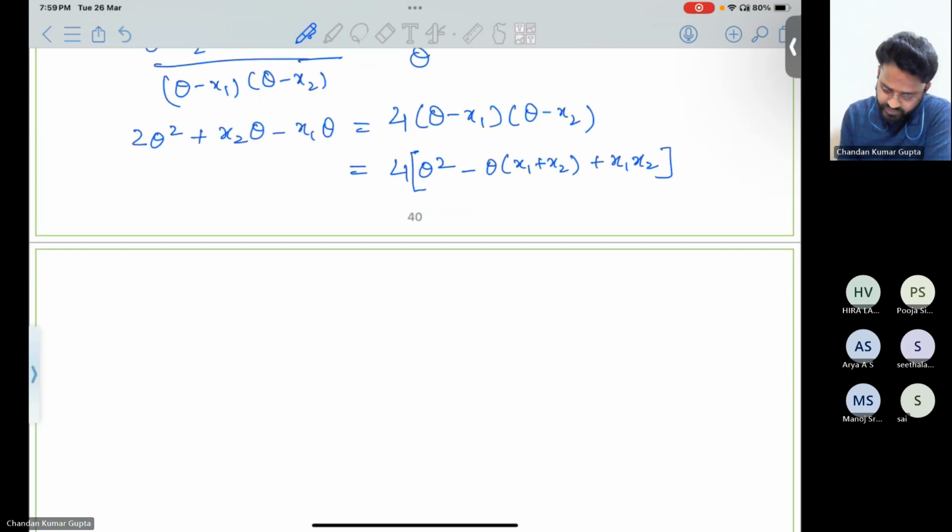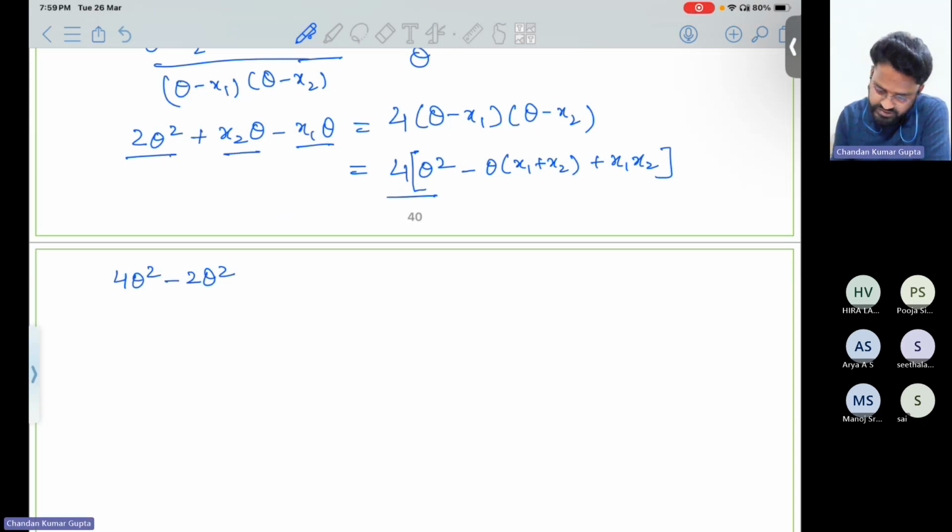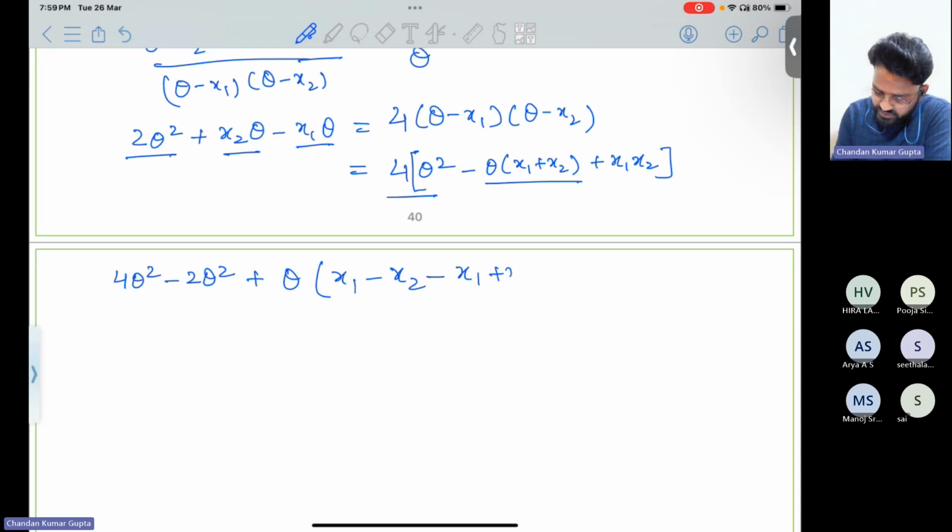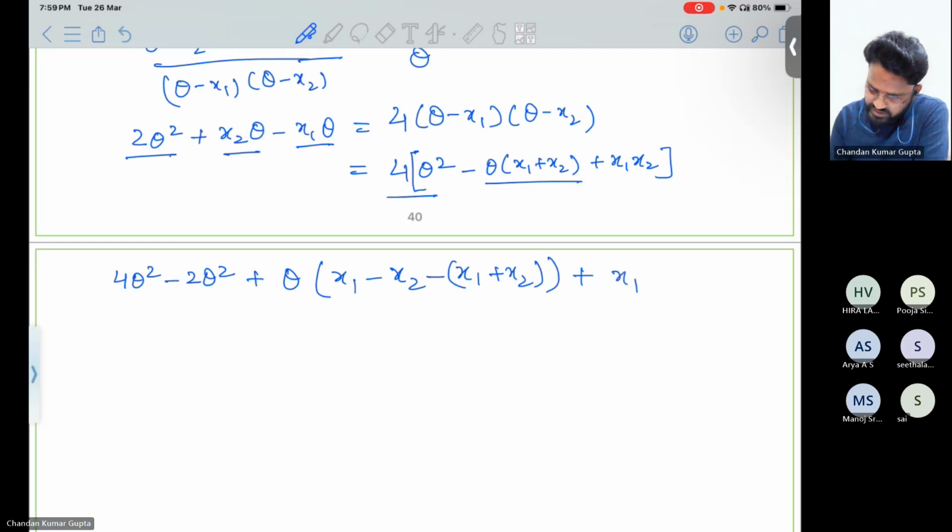So from here, 4 theta square minus 2 theta square, and the theta terms with x1 and x2, plus x1 x2 equal to 0.